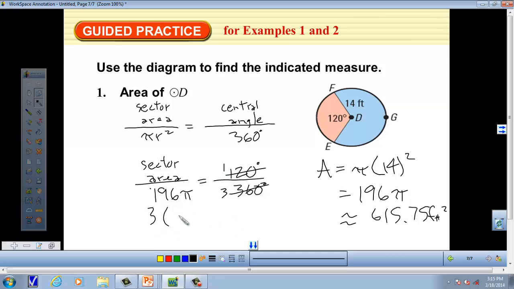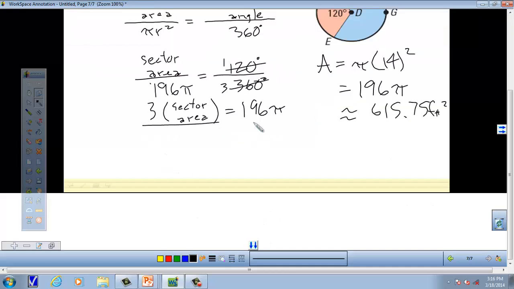We would say 3 times the sector area equals 196 pi. We're going to divide both sides by 3. And it doesn't look like that goes in evenly. It does not. So we're going to say that the sector area equals 196 pi over 3.